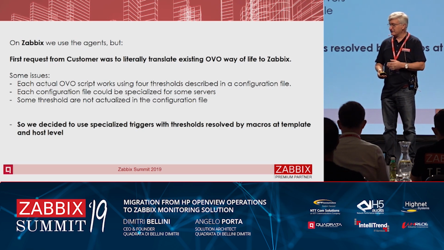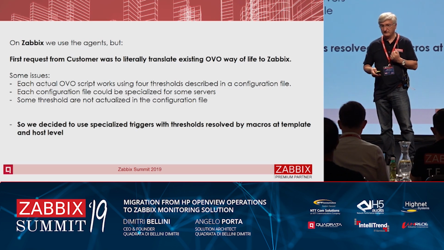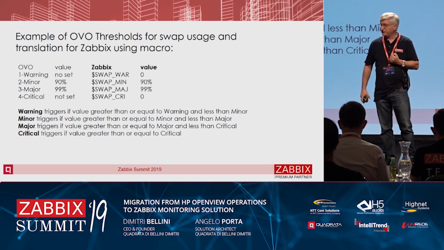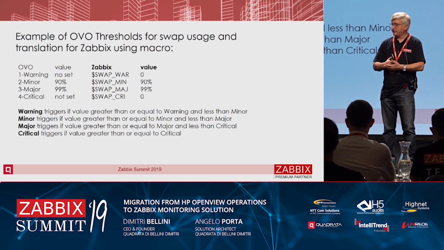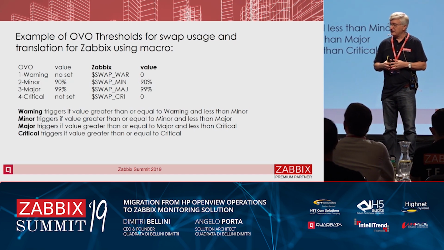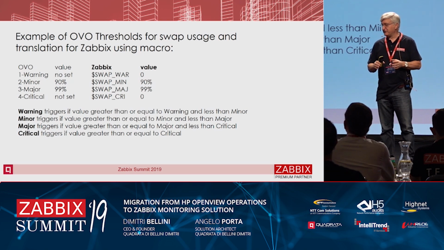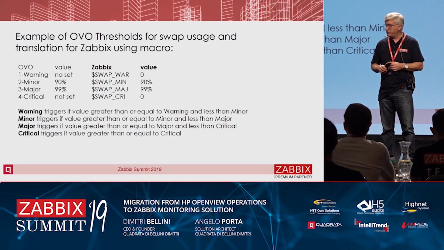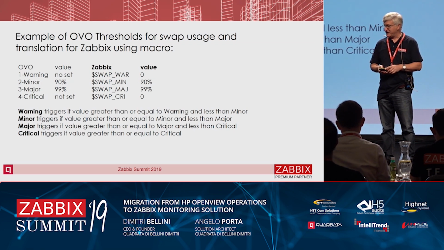So we decided to use a specialized trigger with thresholds resolved by macros at template and potentially host level. This way we had 4 thresholds: warning, minor, major, and critical. As you can see, some thresholds are not set. We translated them into macros, and we put 0 in the threshold, meaning not set.